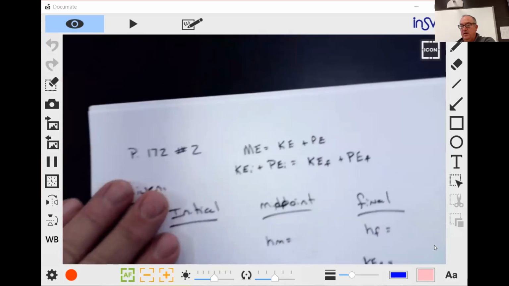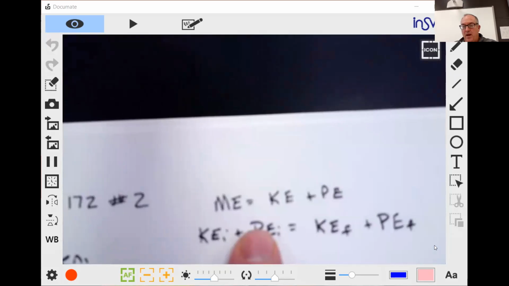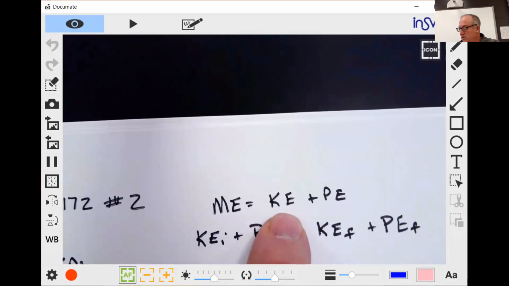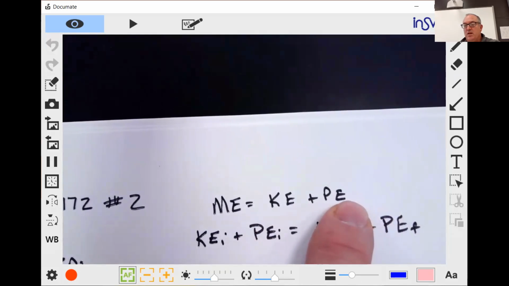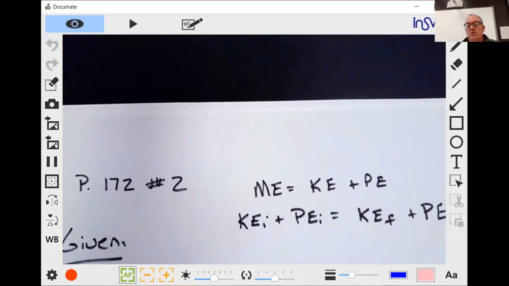So if we look at this, we can take our mechanical energy, and we know it's equal to the combination of whatever kinetic energy is in the system and the potential. So we can break that down even further into the initial, and the initial of the two types is equal to the final. So if we go to page 172, number 2, I want to work through that problem with you quick in our homework.